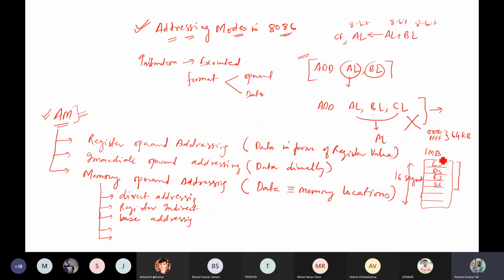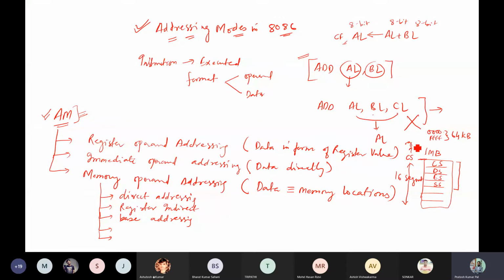The starting address of these segments, if it is the code segment, will be given by the code segment register. We have seen in the previous class the difference between code segment and code segment register. This set of memory locations is called the segment.